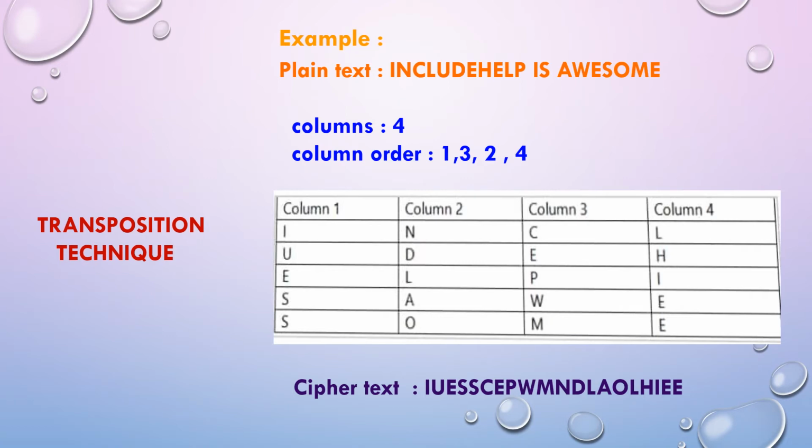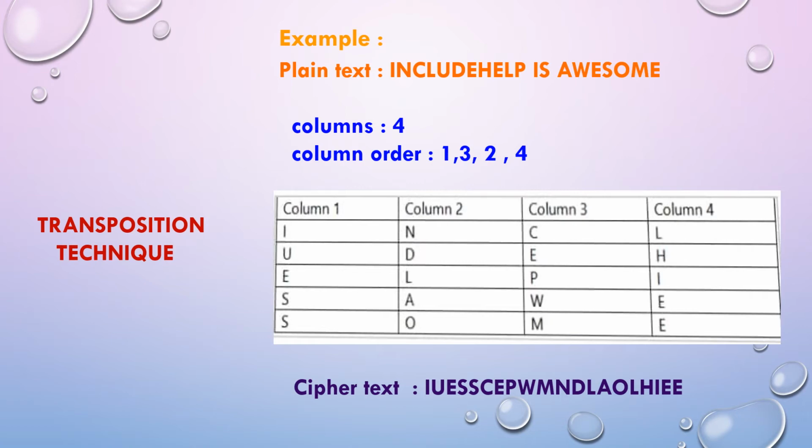Now let us take 4 columns and arrange the plain text in a row-wise manner. Now decide the column order for reading the message. Let us assume 1, 3, 2, 4 is the order. Now read the message in a column manner using the decided order.